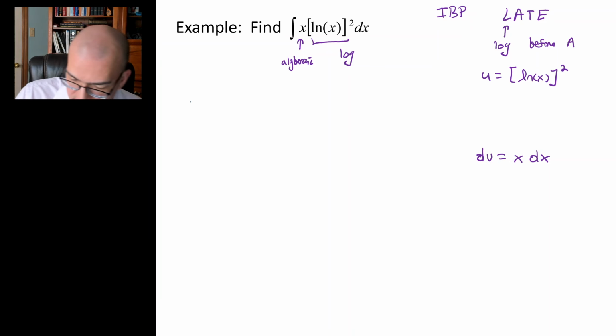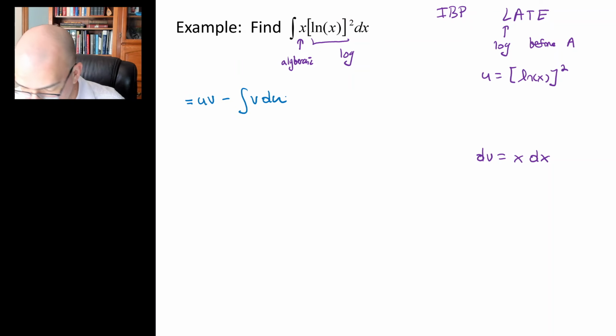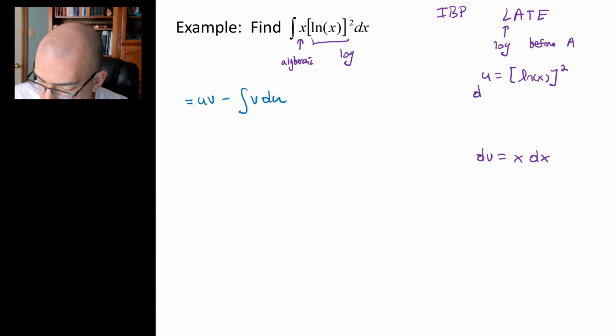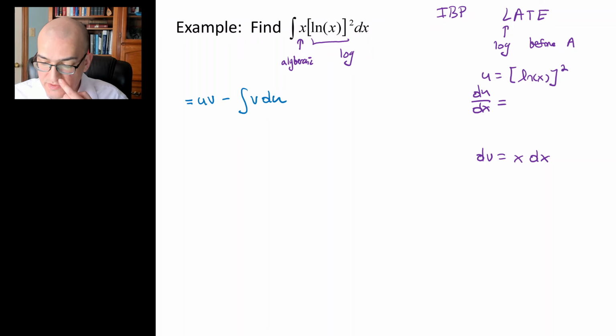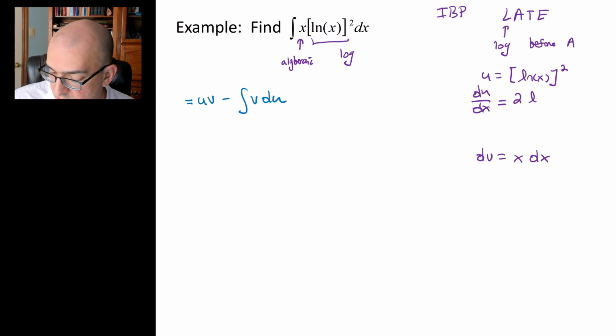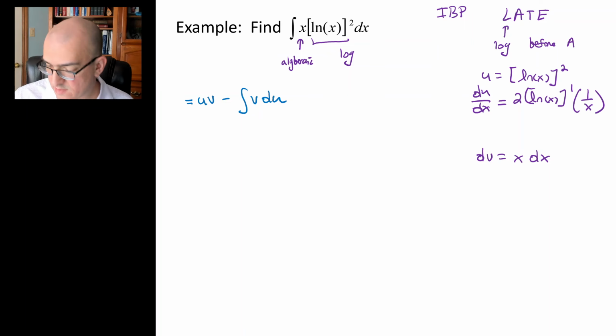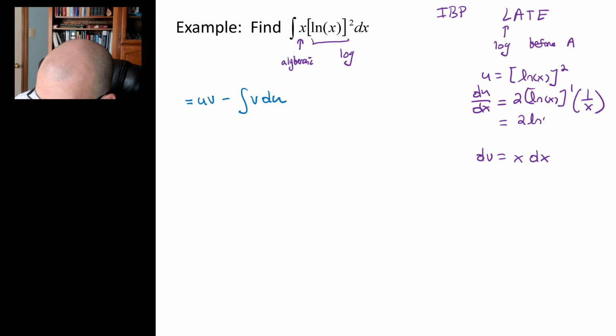So we're going to rewrite this using integration by parts as uv minus the integral of v du. Take the derivative, du by dx. We have to use the chain rule. We have a function raised to a power, so the derivative will be 2 times ln of x to the power of 1 times 1 over x. And I'll rewrite that as 2 ln of x over x. So that'll be our expression for, oh, I've got to rearrange, get du all by itself.